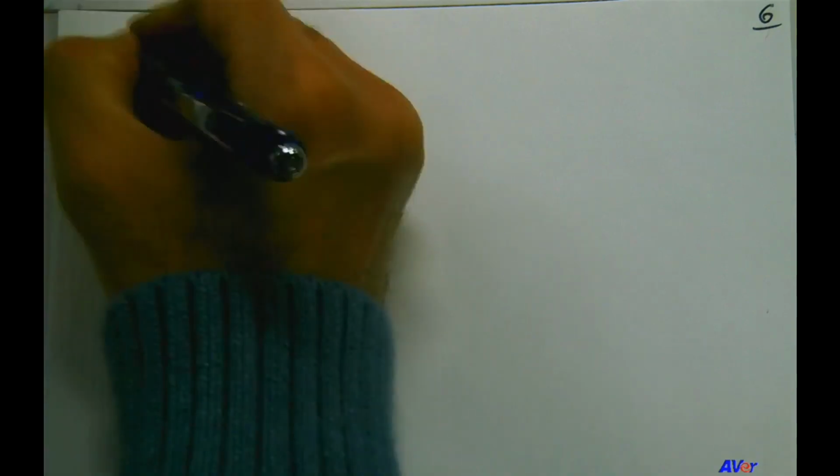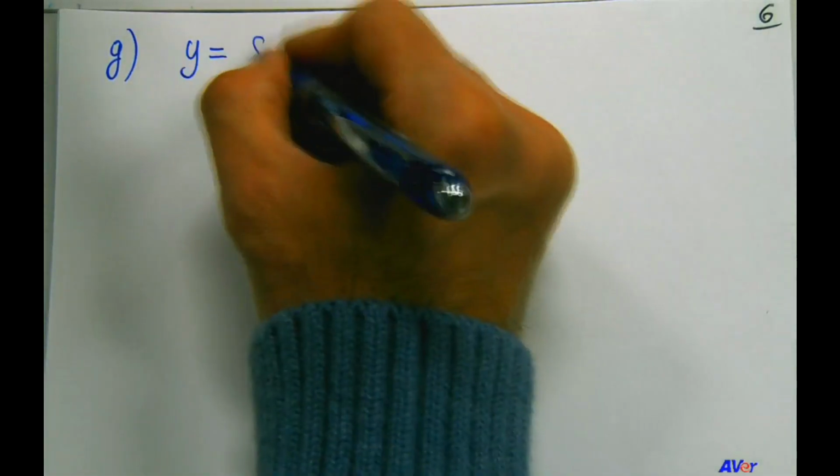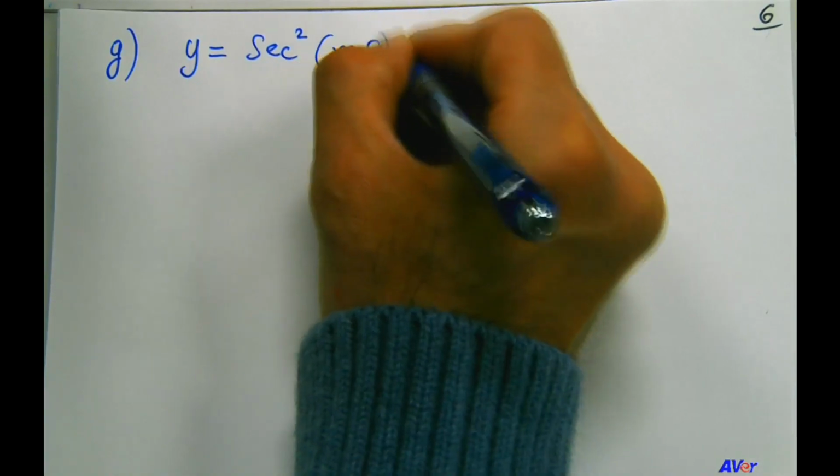So suppose we want to find the derivative of this function, y equals secant squared of m theta. Okay.